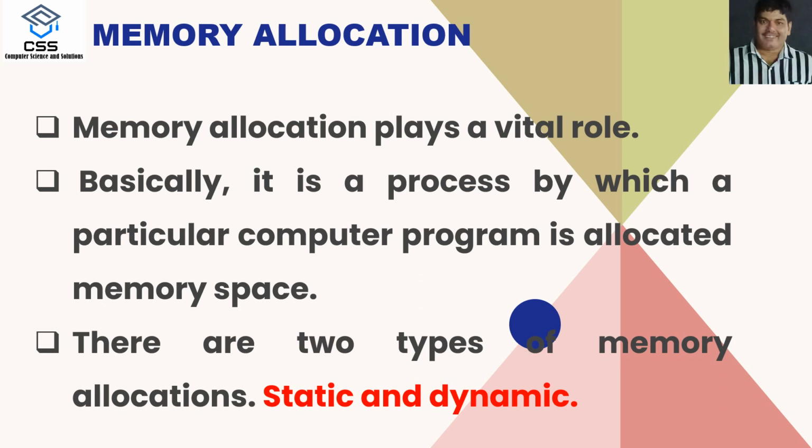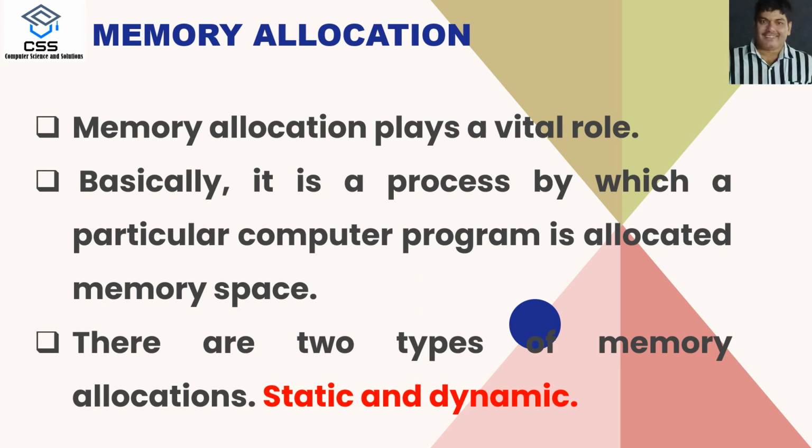What is static memory allocation? Static memory allocation means that the memory allocated at compile time is known as static memory allocation or compile time memory allocation. At the run time, how much memory is required will be decided, and that is known as dynamic memory allocation.